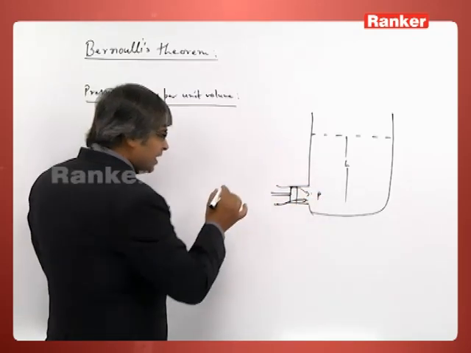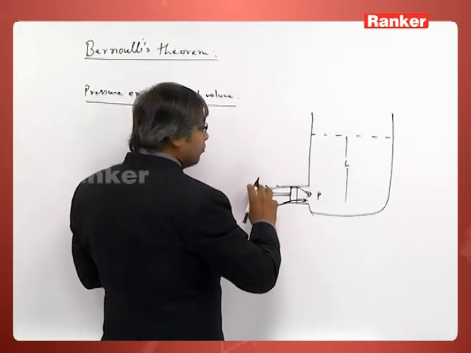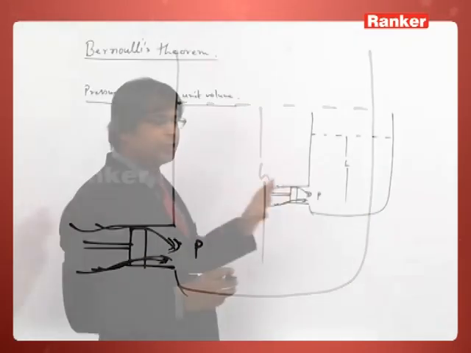So let us see the reverse, that if we are pumping liquid from outside, that means we have to do certain work and that work is stored here as a pressure.